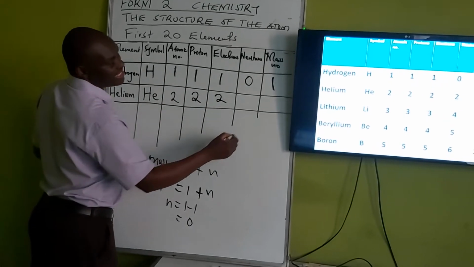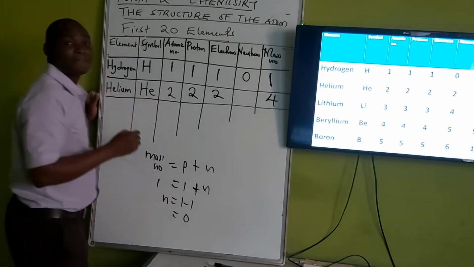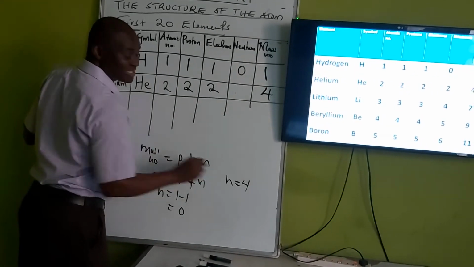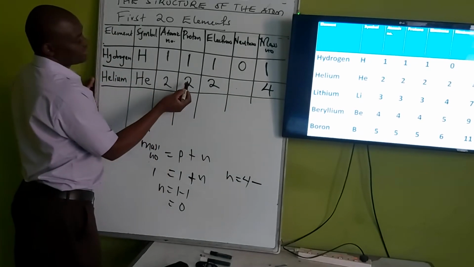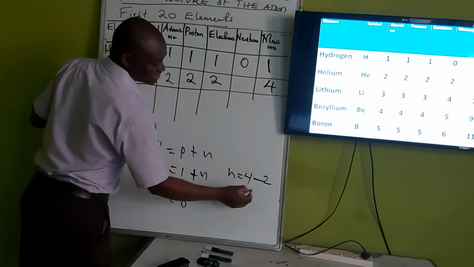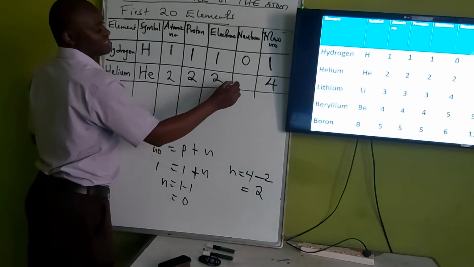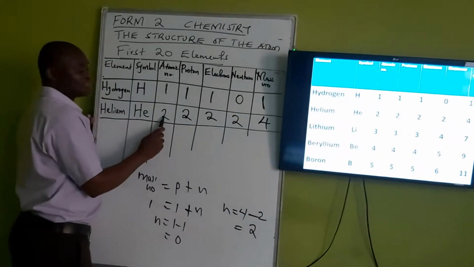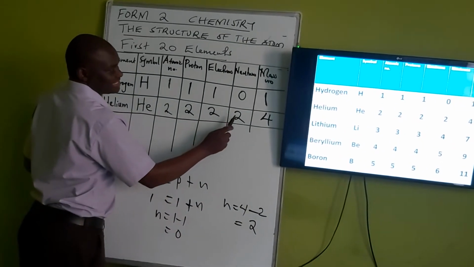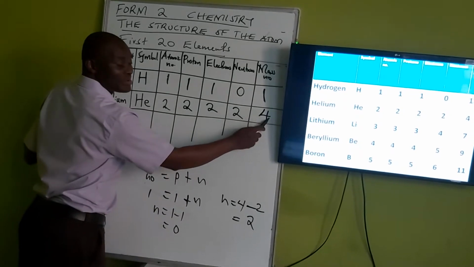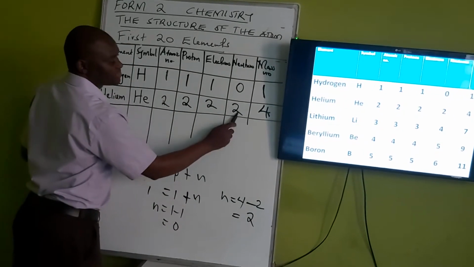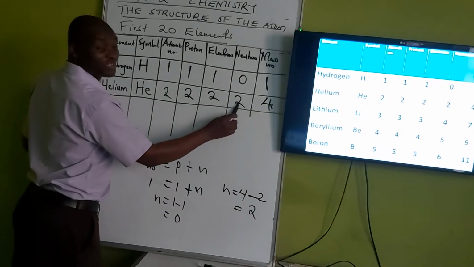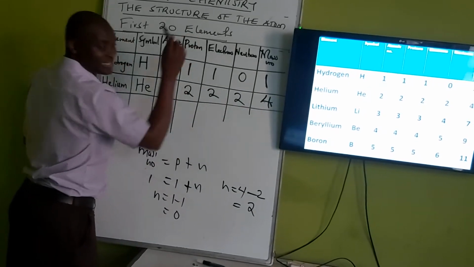The mass number of helium is 4. So the neutrons will be mass number 4 minus protons, which are 2. So neutrons are also 2. Atomic number plus number of neutrons is equal to mass number. 2 plus 2 gives you 4. Or you can say protons plus neutrons is equal to mass number.